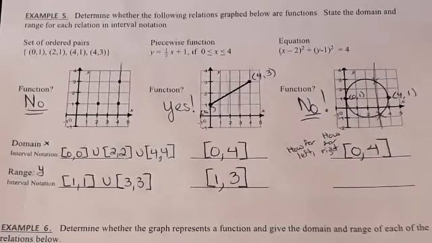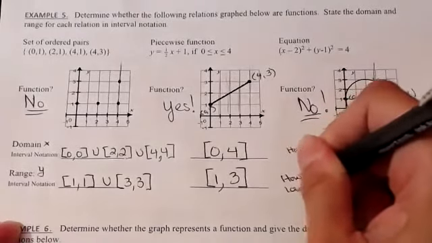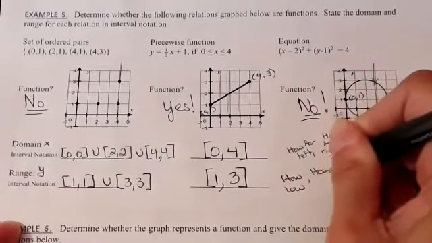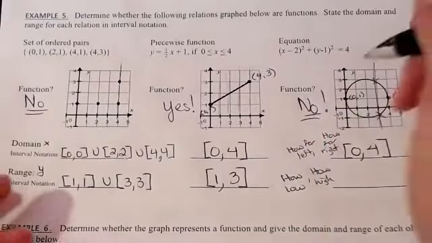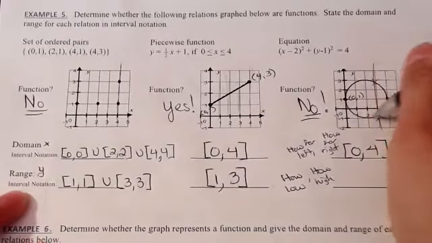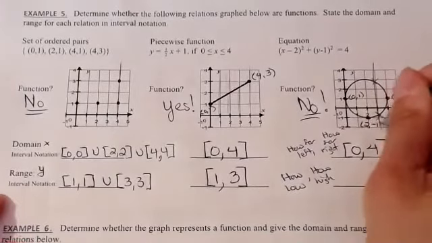Good. Then we want to notice what the range is going to be for this particular image. I want you to recognize that we are saying how low, how high, and that may help to write down. So how low, comma, how high. That will really help you in identifying what your range is. If I follow this circle to the lowest point possible, that's going to be here at the point (2, -1).